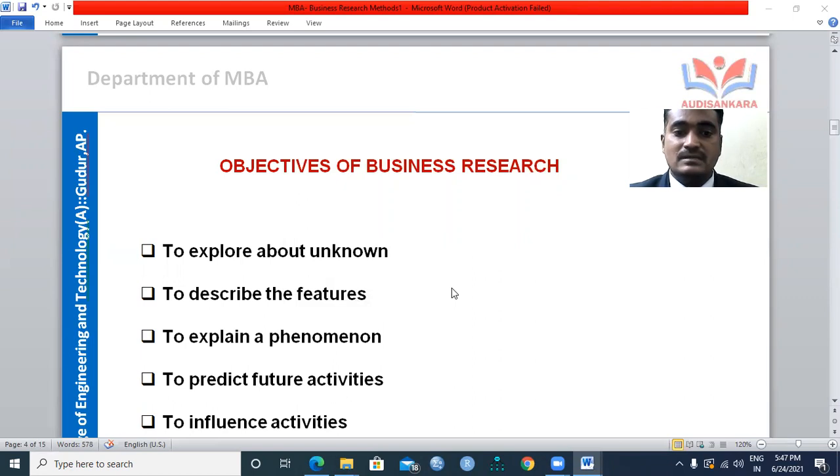The next one is to describe the features, right? As we know, research starts with the broad problem identification. What we can do with to describe the features is, in fact, a descriptive research design.